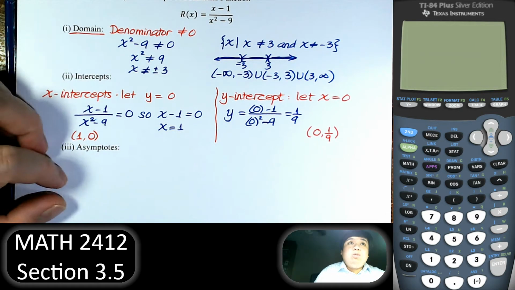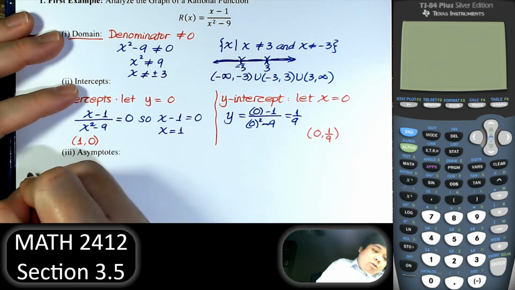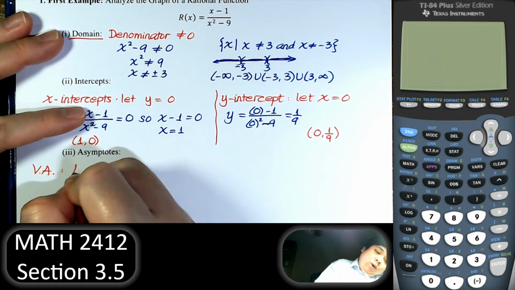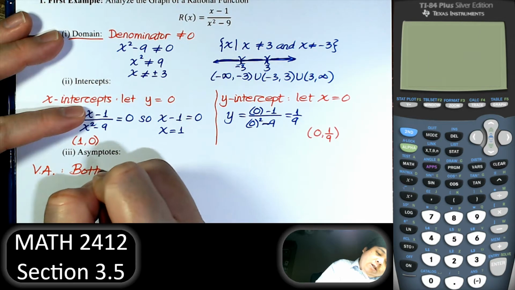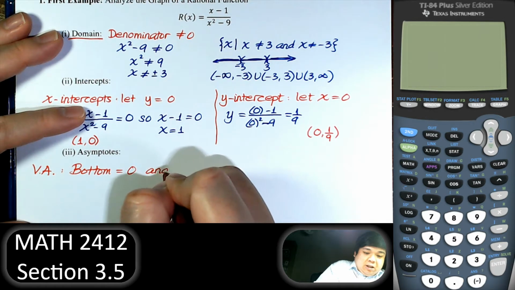The asymptotes: we have vertical asymptote, horizontal asymptote, and slant asymptote. The vertical asymptote is where we let the bottom equal to 0 and the top is not.